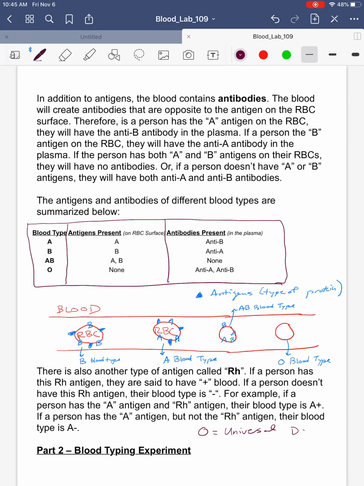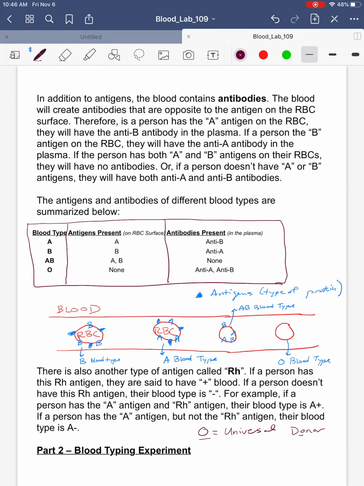So we're not going to get into the specifics of how, but just know that anybody can receive blood type O. It has to do with the fact that it doesn't have any antigens, so it can't react badly. But all you need to know is O is the universal donor. The way that I remember this is that there's an O in donor, and that matches the O.